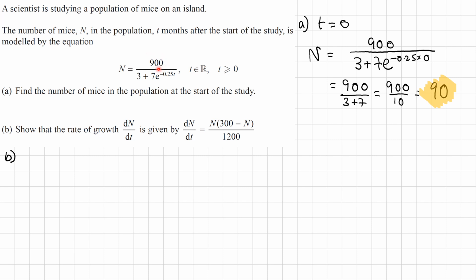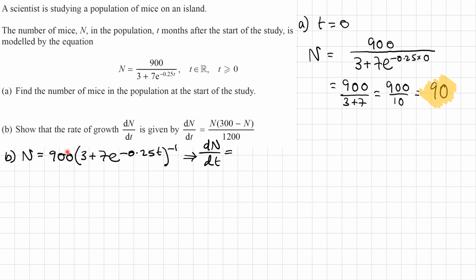And there's no need to use the quotient rule because the top is a constant, it's not a function of t, so that would be too much work. So we're going to write n as 900 times 3 plus 7e to the negative 0.25t to the power of negative 1.